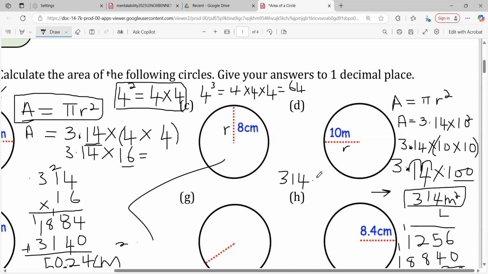Notice where the decimal point is. That means 314, just like with money, $314 can be written like this. So that was correct as well.